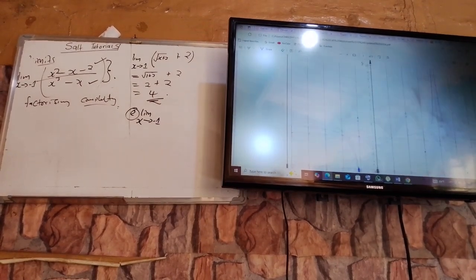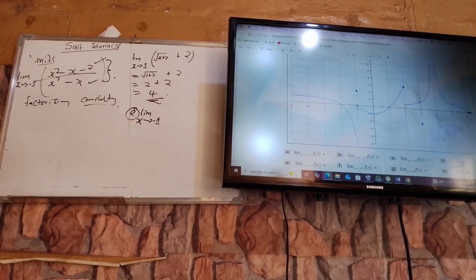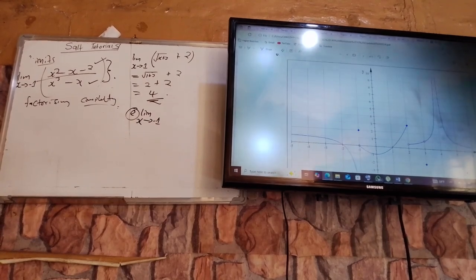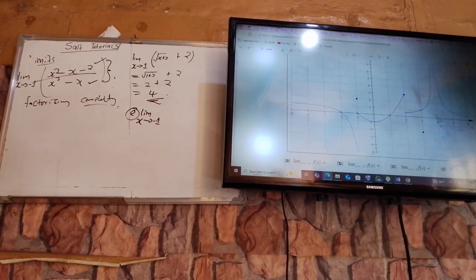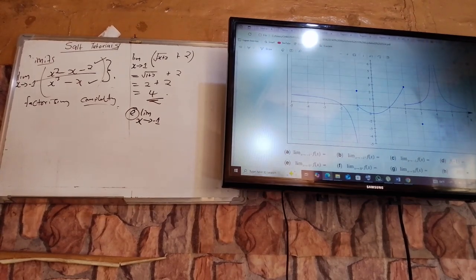Okay, let's look at the graph there in our worksheet. I'm sure the graph is visible there. What is happening, and then what are we trying to find?